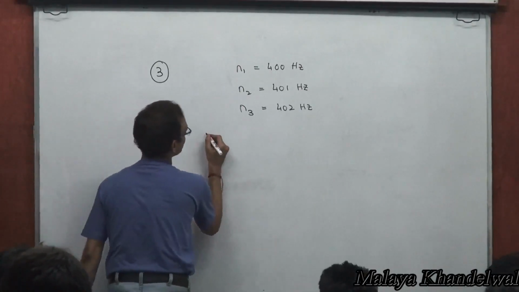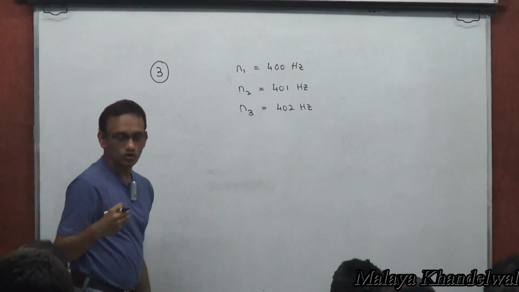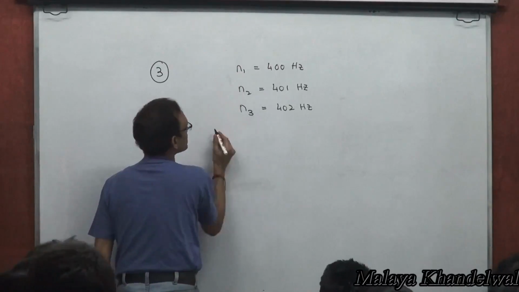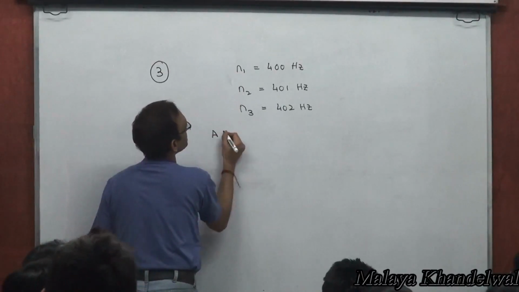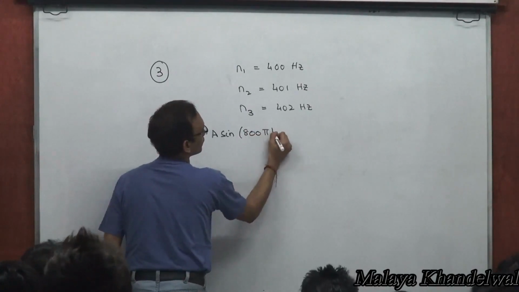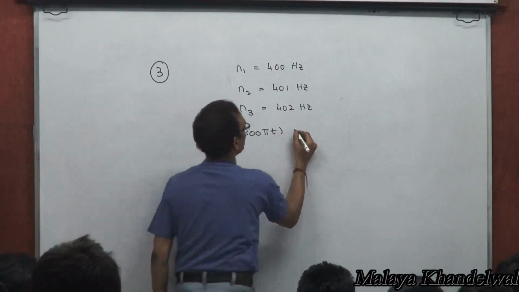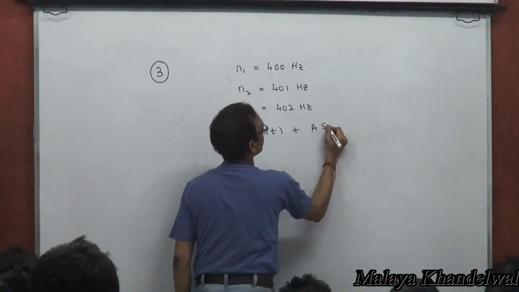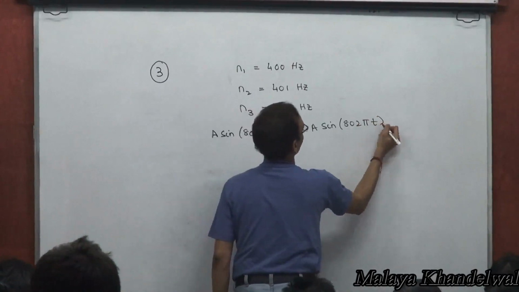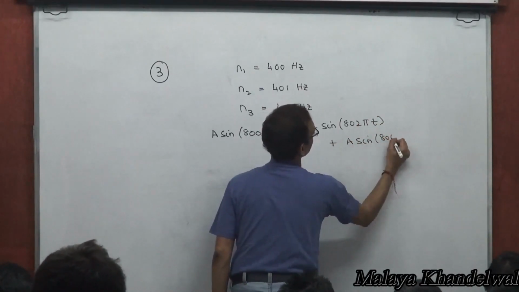Now this is simple. Let's say the point where superimposition occurs is x equal to 0, right? Then the displacement is of the form A sine 800 pi t, omega is 2 pi n, plus A sine 802 pi t plus A sine 804 pi t.